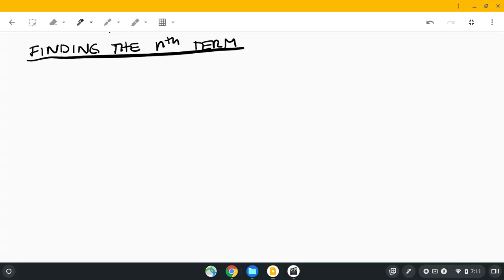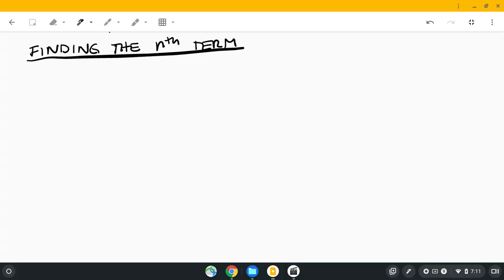Finding the nth term. Some sequences are easier to figure out than others. It just depends. And even some sequences are easier for some people, and some other sequences are easier for other people.